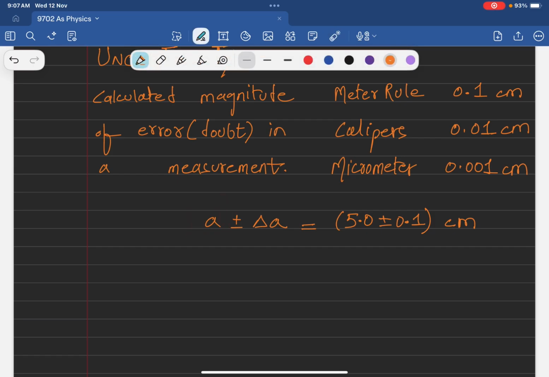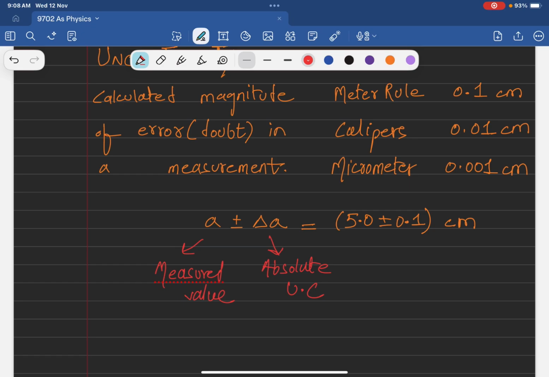So if a value is written like this in your CIE exam papers or in your CIE practice papers, that value is the measured value. And the value that is written after plus minus is the absolute uncertainty.